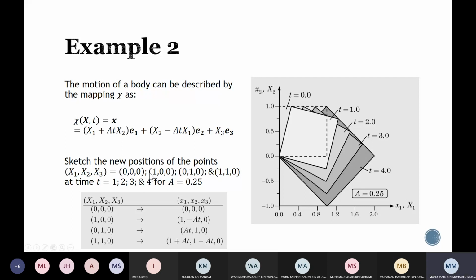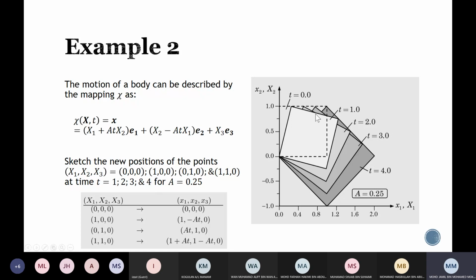You have found the current configuration from the previous slide. Now you just substitute the time and also the value of A or any value given to you into this, and then you sketch. The dashed line represents the position of the points at time 0.